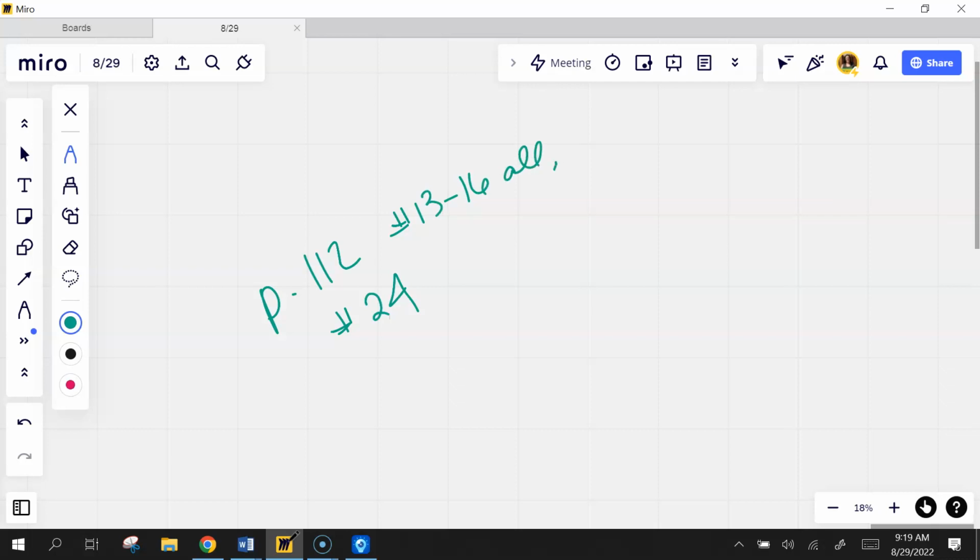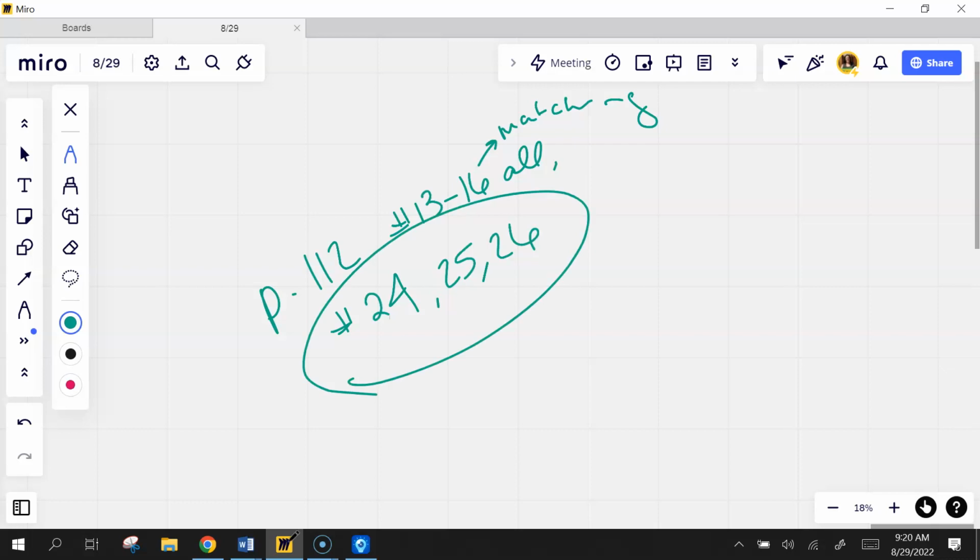They give you 4 graphs and then 4 graphs of what could possibly be derivatives. So you just match. Those are just A, B, C, D. 24, you're actually going to sketch a graph. 25 and 26. Matching. Don't get bogged down in it. Don't get overwhelmed with these. But hopefully 13 through 16 will walk you into that. Unless y'all want to do 13 through 16 together now. No? Okay. You ready for me to shut up?